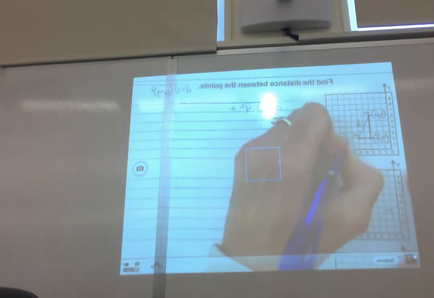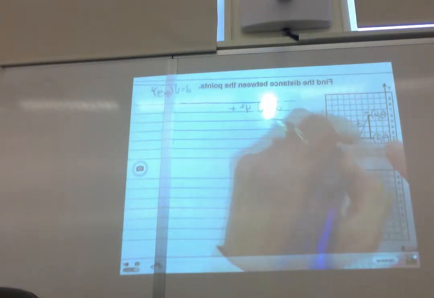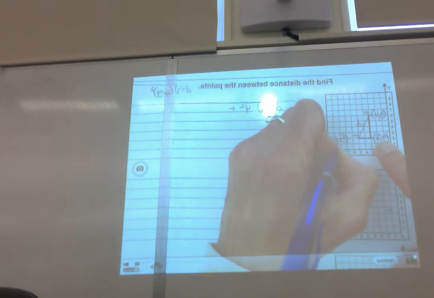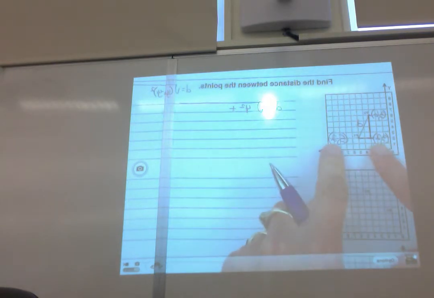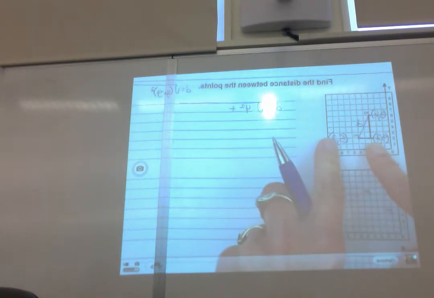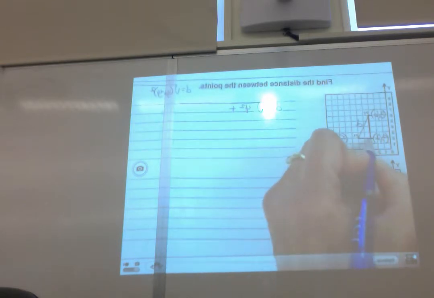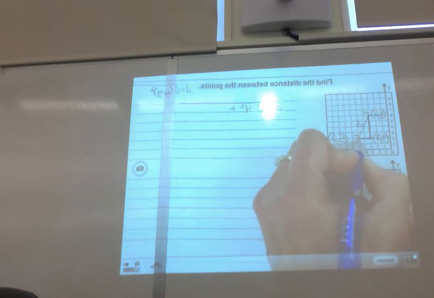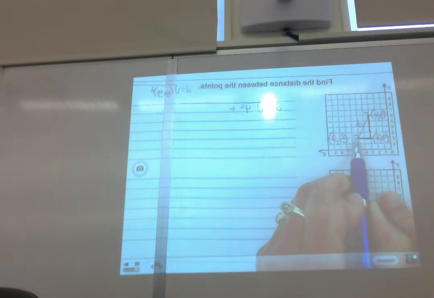So the x-coordinate is different than the x-coordinate over here, but it's at the same level. This 2 and that 2 match. So if I want to find out how far apart they are, this one's at 5, this one's at 3.